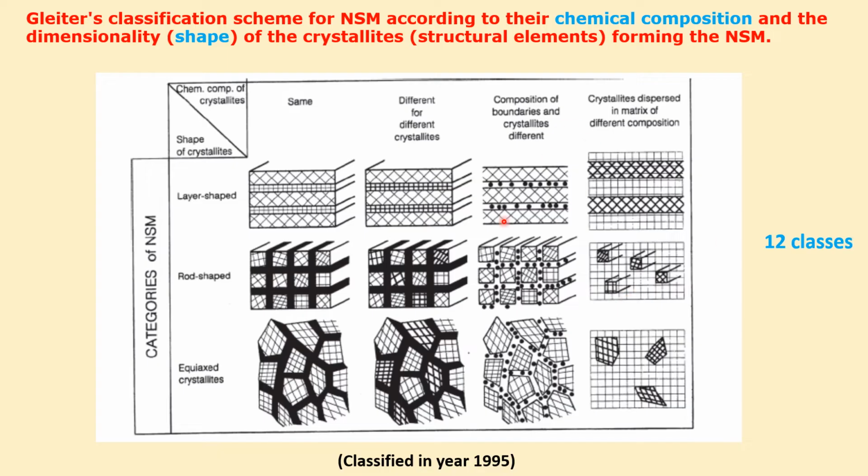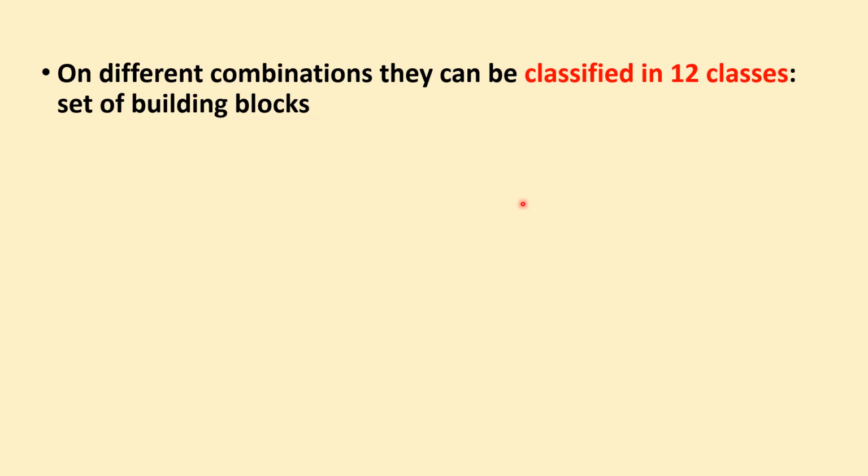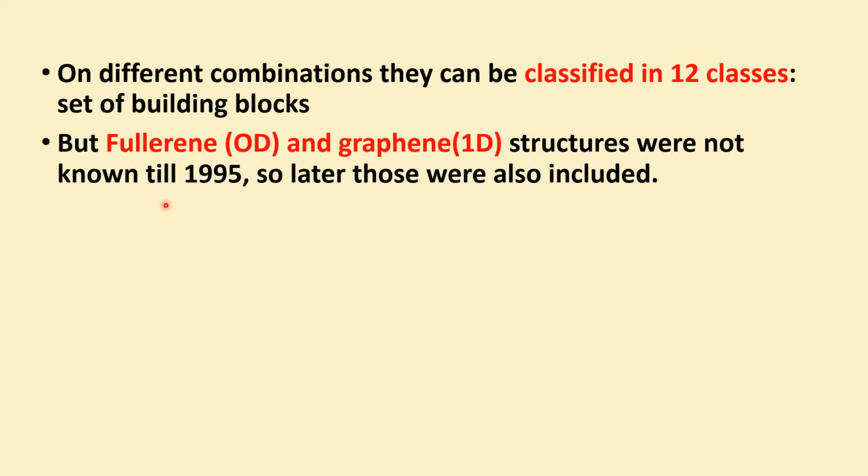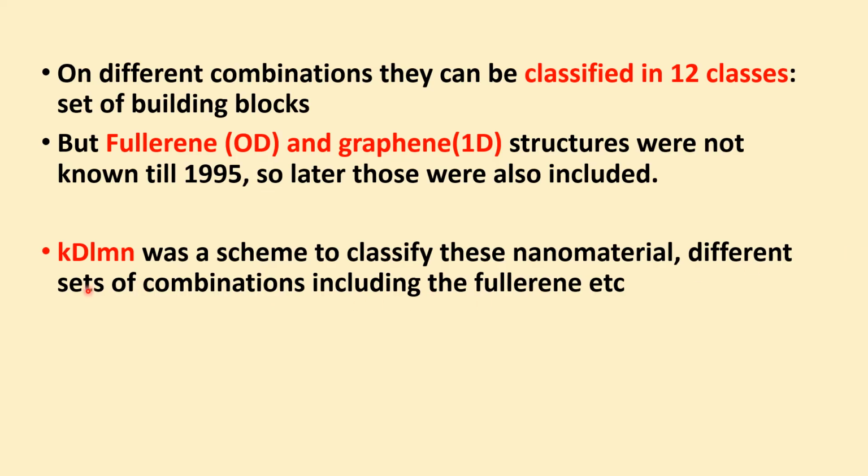Later, after the discovery of fullerene and graphene, there are now 36 classes. We will see in the next slide. Gleiter classified 12 classes of building blocks on different combinations, but the fullerene and graphene structures were not known at that time. So later those were also included, and a new scheme known as the kDlmn scheme was used for the classification of nanomaterials.